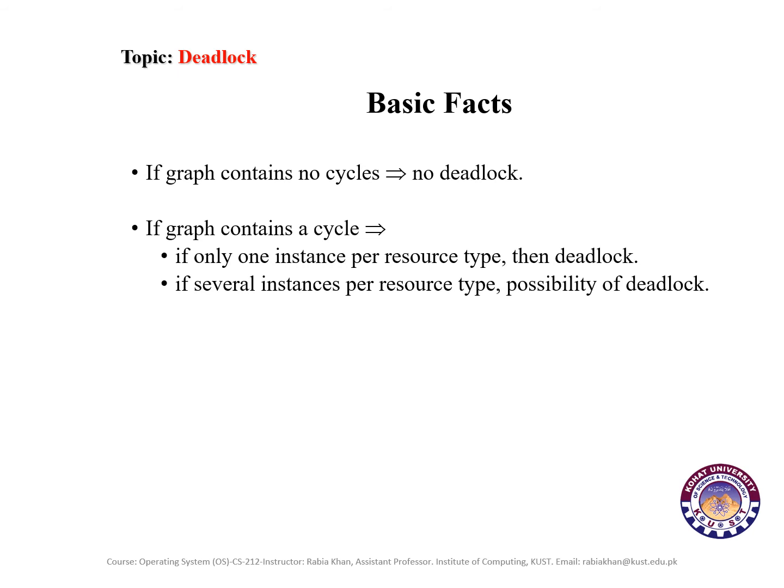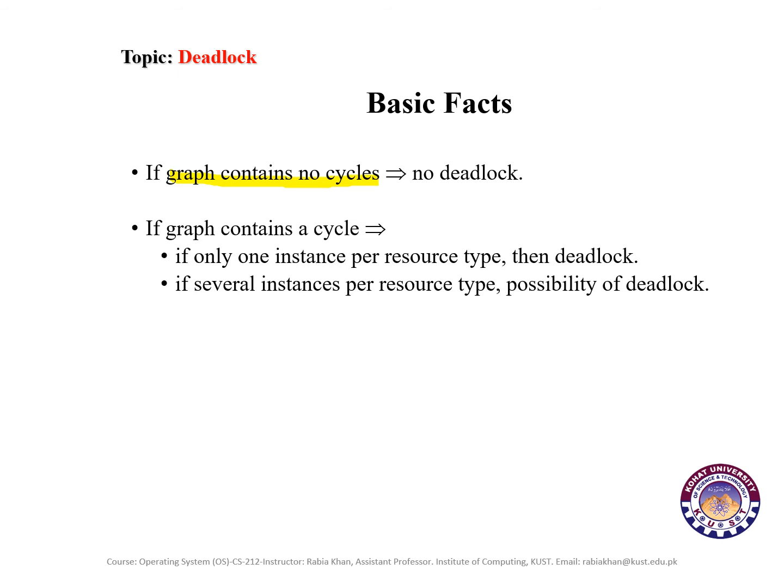Now, what are those basic facts? If your resource allocation graph does not have any cycle, that means there will be no deadlock in it. But if there exists a cycle or a circle, then we'll have to look for the deadlock breakers.